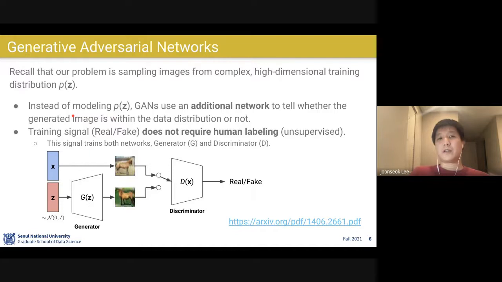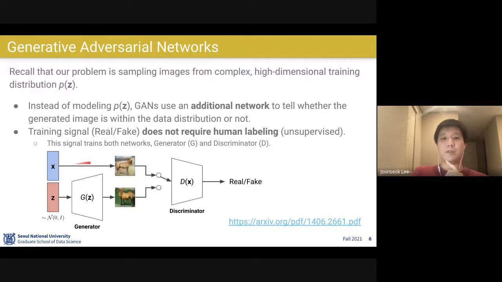So in GANs, we don't model the p(z) like the variational autoencoder, but we use an additional network called the discriminator. In the real data set, we call X the real data. We have some images like that.